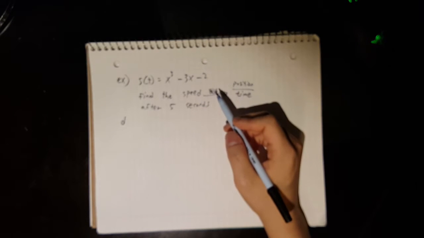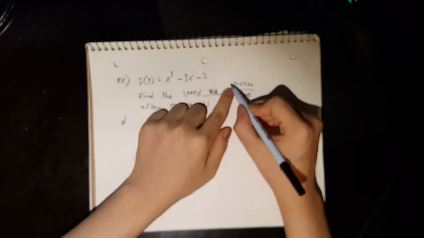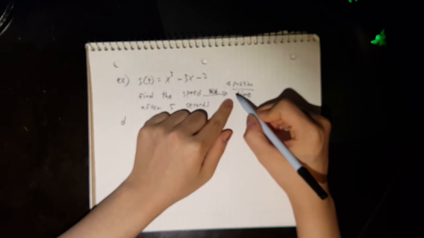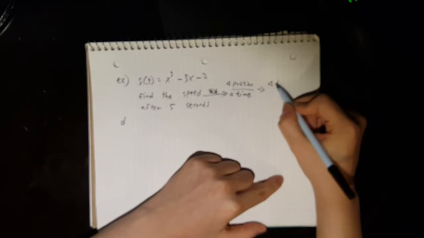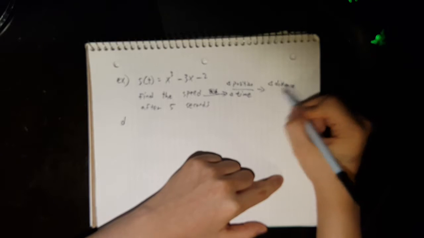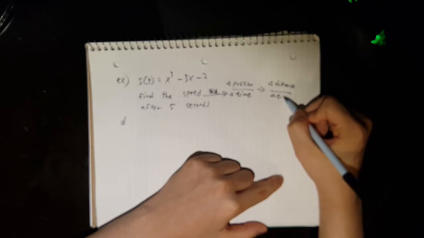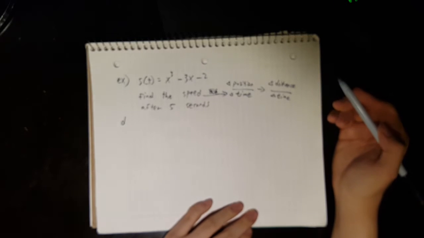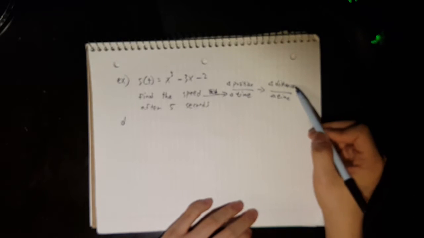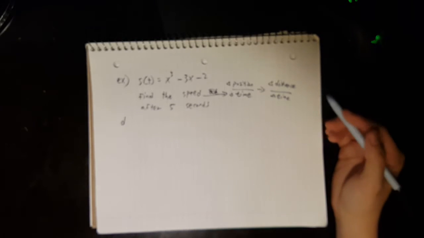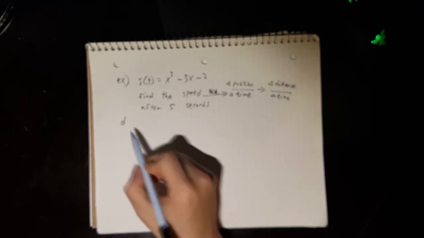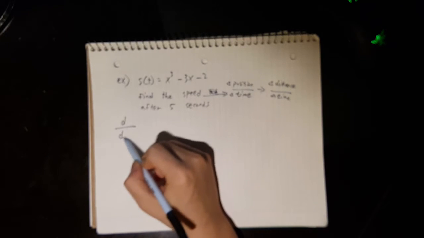So that's what it means by speed. Speed is a change in position over change in time, or change in distance in time. Now, you can argue that it has to be displacement, whatever. We're only going to worry about distance because we're covering the ideas of calculus. And so we'll do d of dx.